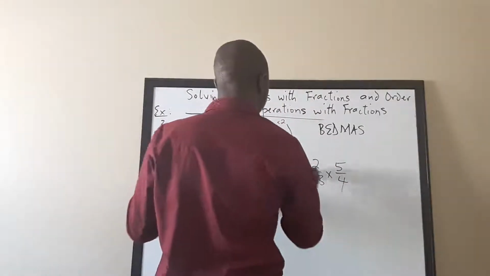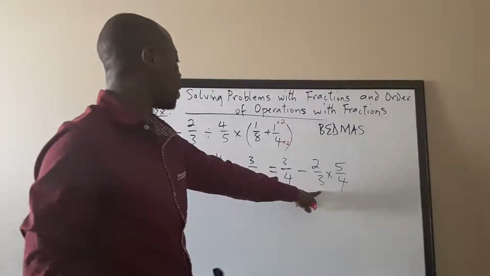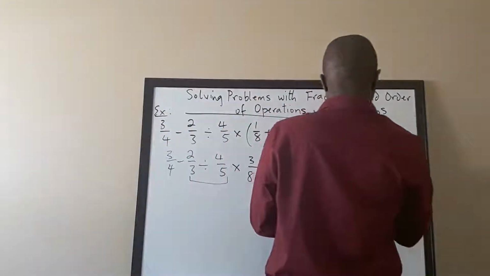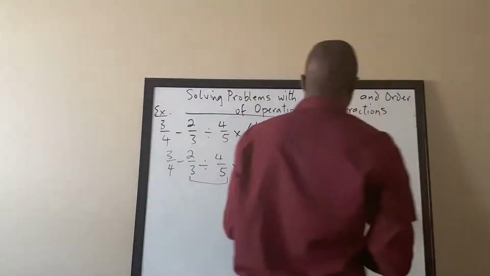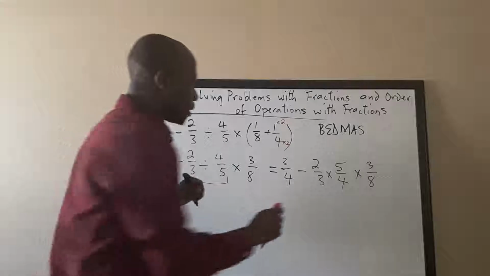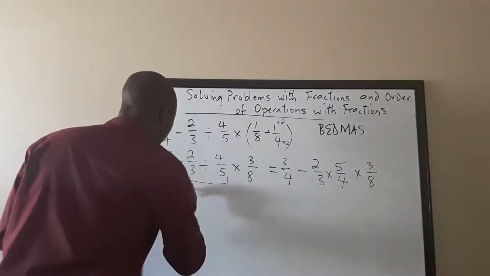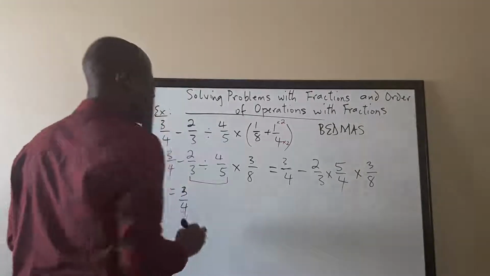So 3 over 4 minus. So I'm doing 2 over 3 times 5 over 4, and then times 3 over 8. So I want to multiply these two right now. So equals 3 over 4.